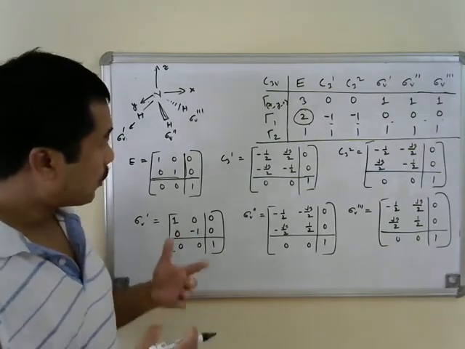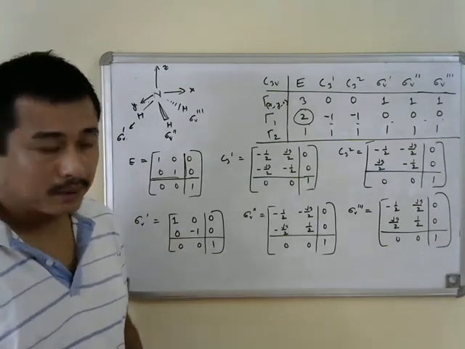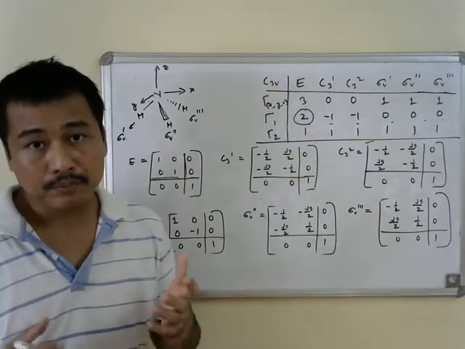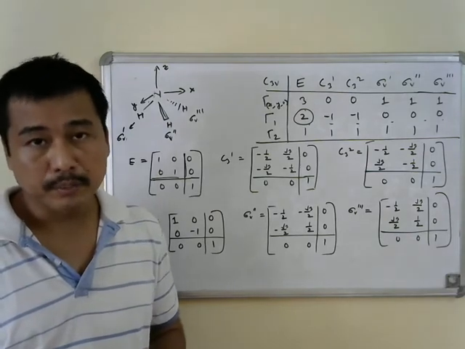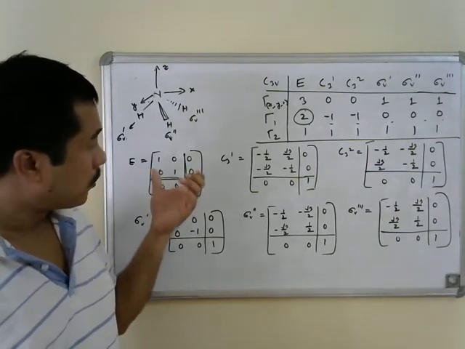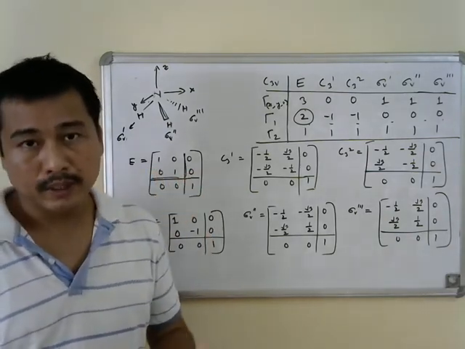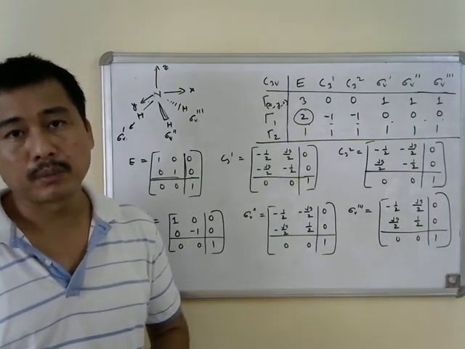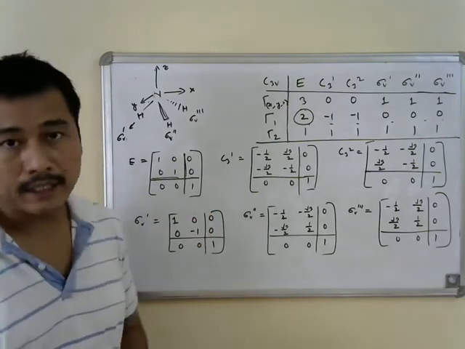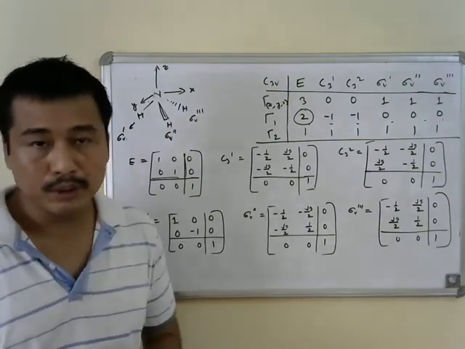Of course, we have learned how to find reducible representations using different bases. But we have to learn how we can systematically find the irreducible representations of a particular point group, because this is not the exact procedure to find irreducible representations.